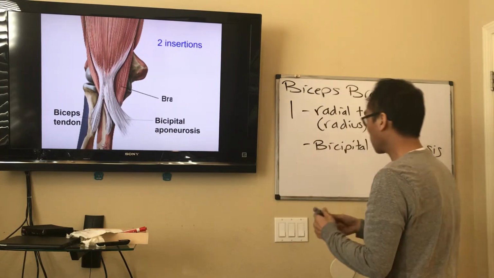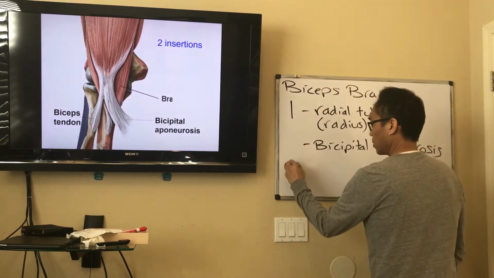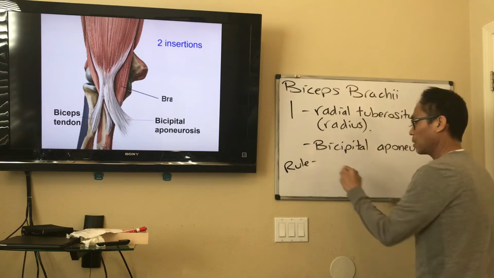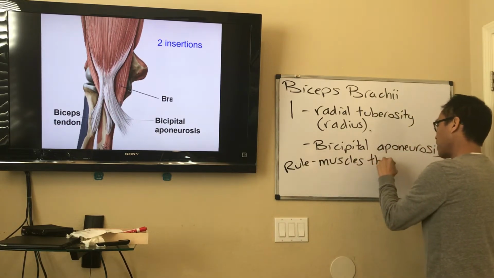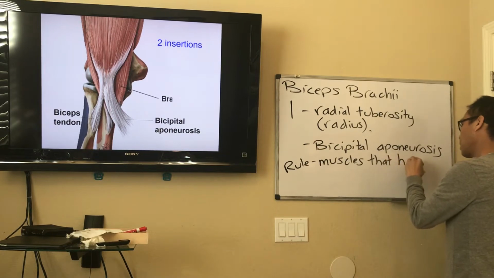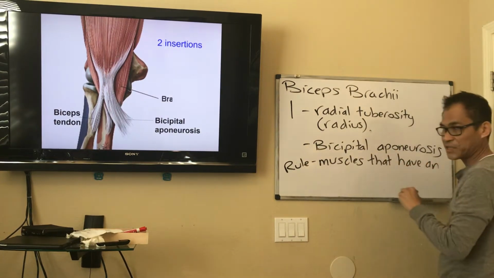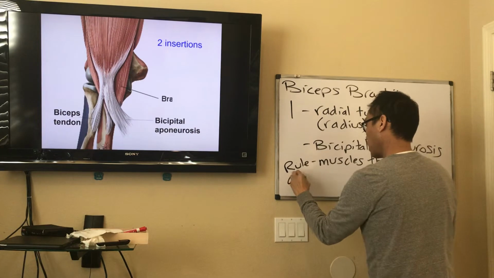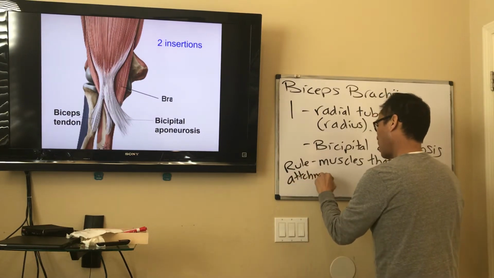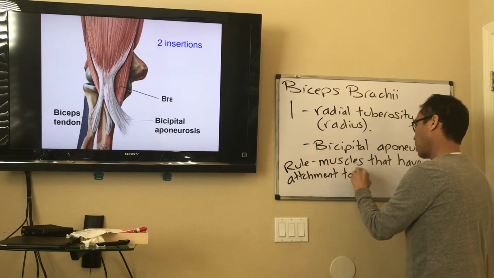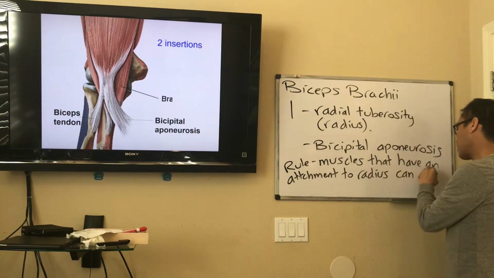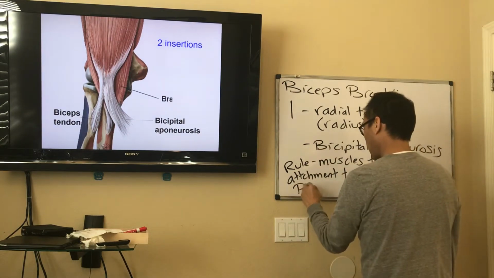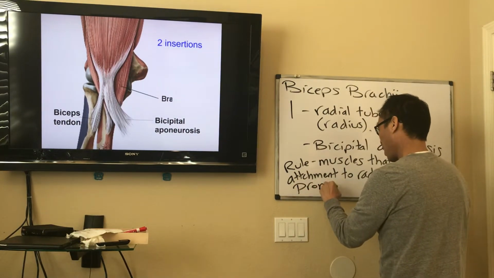So I'll write that as a general rule. Muscles that have an attachment to the radius can affect pronation supination, one or the other, or sometimes both.